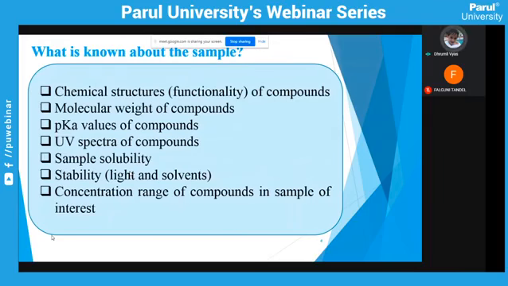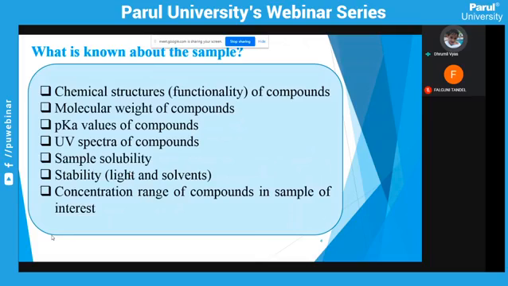So now I move to the next slide. What is required to know before starting the development? To know the sample is very, very important. Why? Because from the structure of the compound, we are able to understand its nature, like whether it is acidic, basic, or neutral.